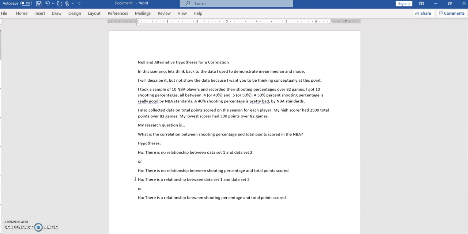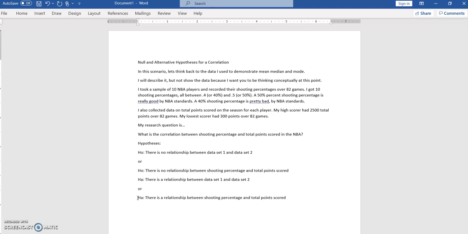That's an alternative hypothesis. Another way I could write it more specific to this research question would be that there is a relationship between shooting percentage and total points scored. So that's our change hypothesis or our effect hypothesis. And that's saying that there is something there.